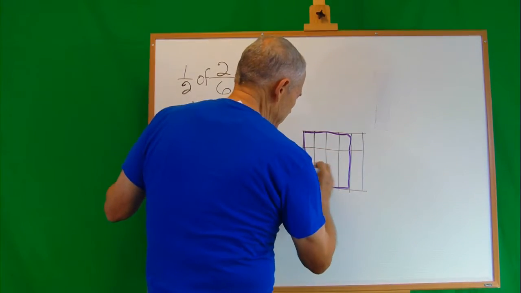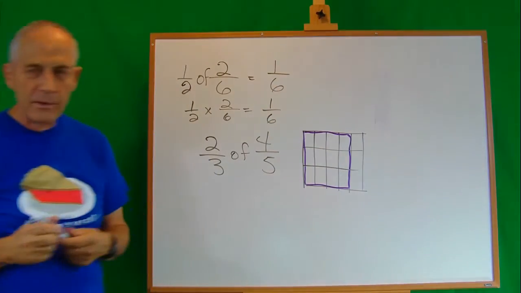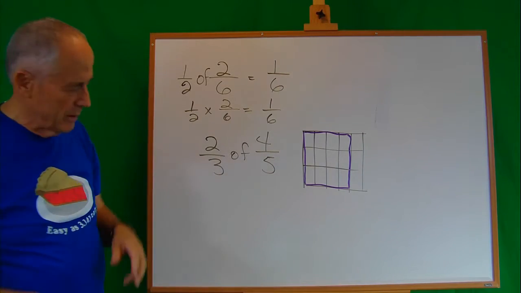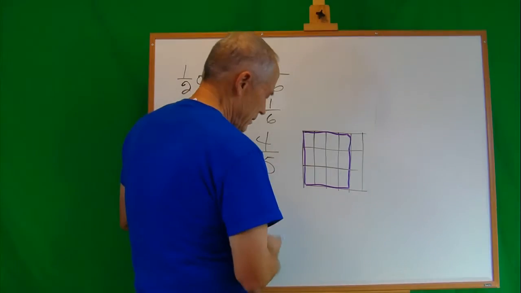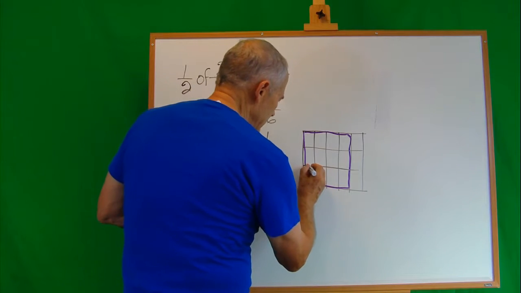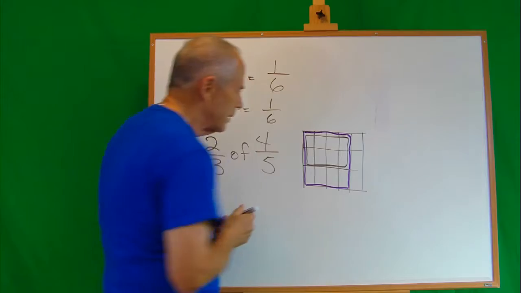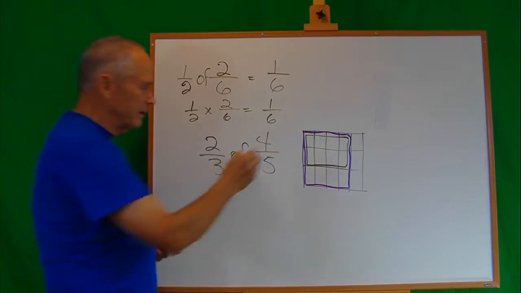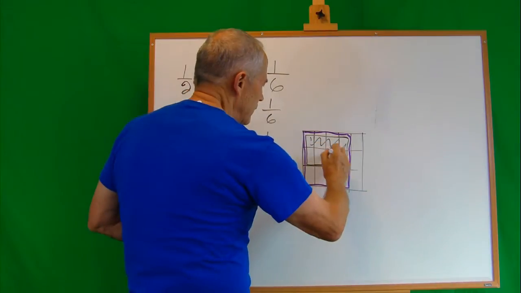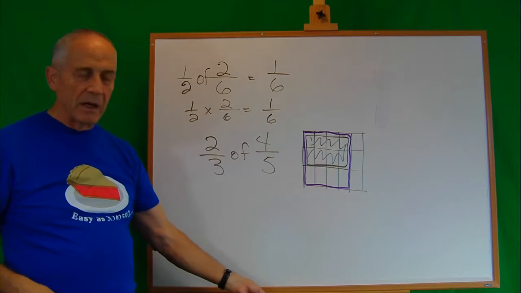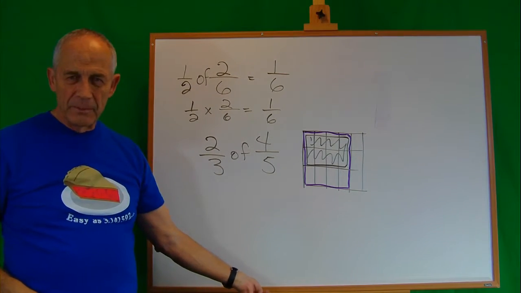So I'm going to have 3 rows. So the 2/3 is going to reflect what I have in this area right here. That part there is going to reflect 2/3 of my 4/5.